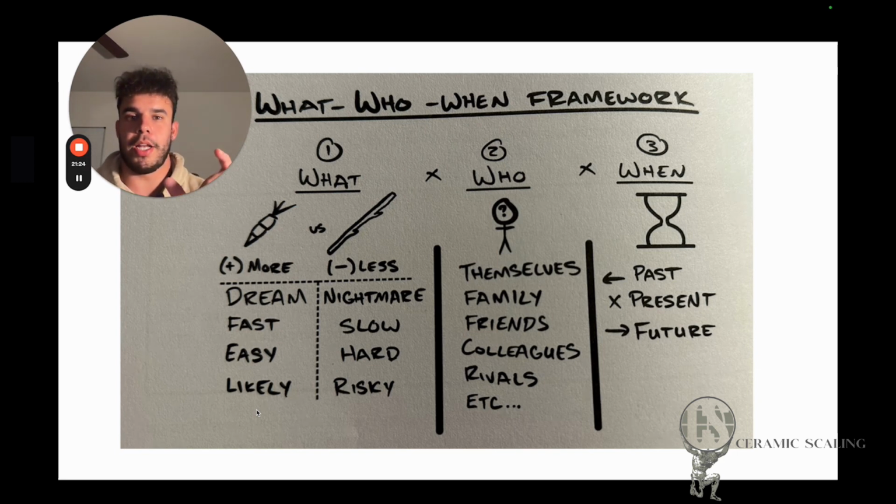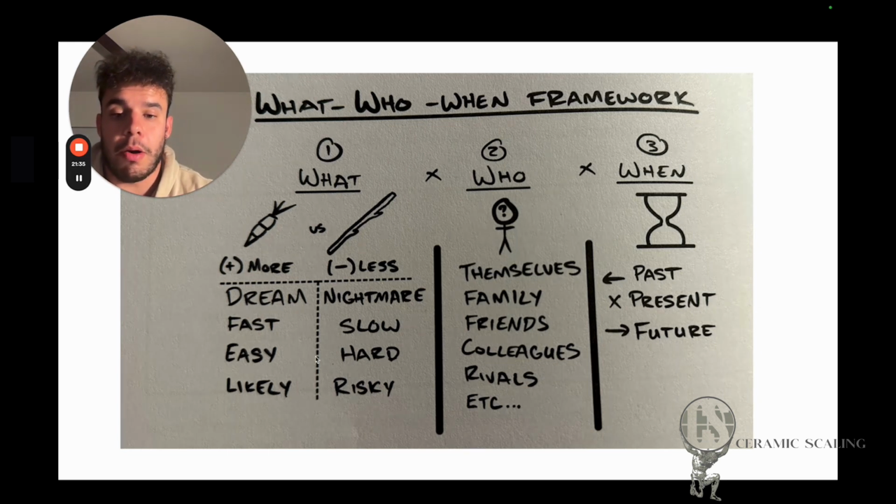You're selling, on the one hand, what good can happen, and on the other hand, the bad that can happen. So think about that when you're writing your ad copy, right? How easy or how hard their life will be if they don't get a ceramic coat. How slow things will be. In this case, maybe fast and slow doesn't really work because your car is still the same speed, but maybe you can sell how other companies do it slowly, but you do it quickly, right?